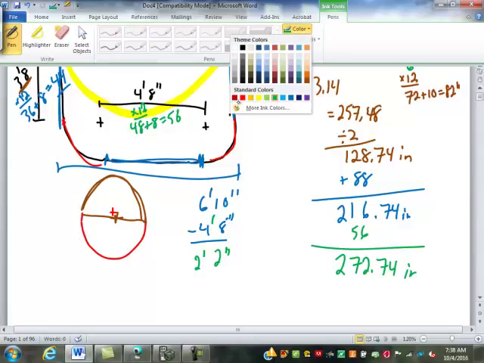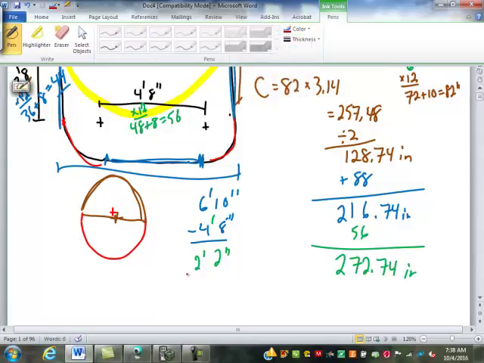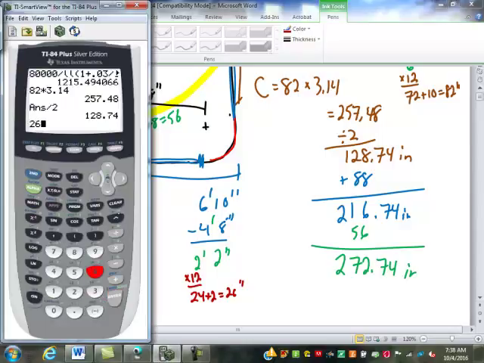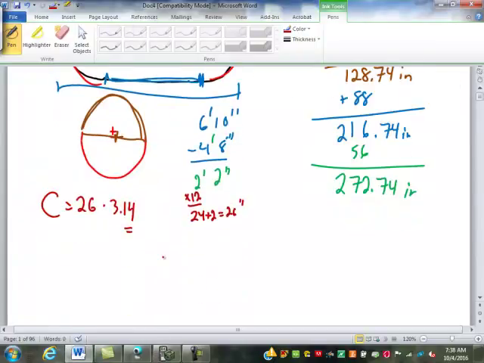And now to find that circumference, I'm going to change that into inches. So 2 times 12 is 24, plus 2 is 26 inches. So that circumference will be 26 times pi, so 81.64.